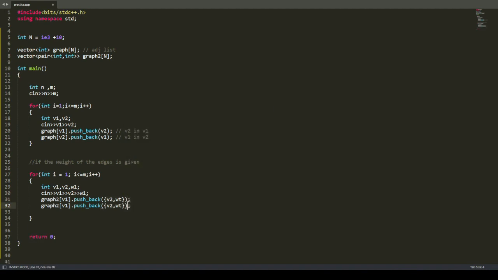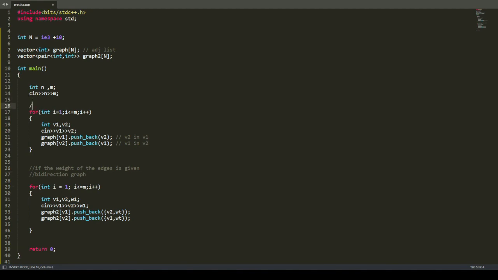Now again we do a similar thing as said above. Let me declare, this is a bidirectional graph. For a bidirectional graph we have to put both indices.